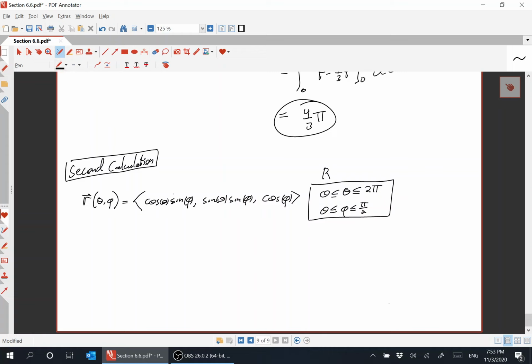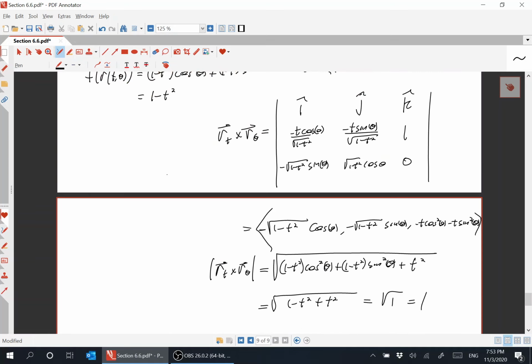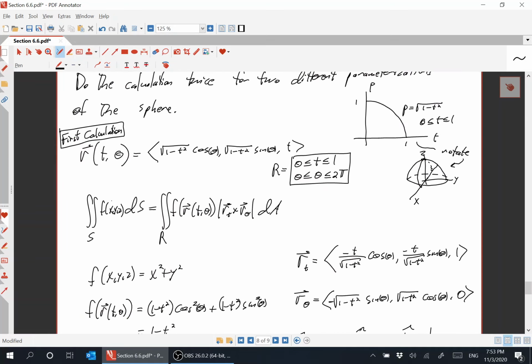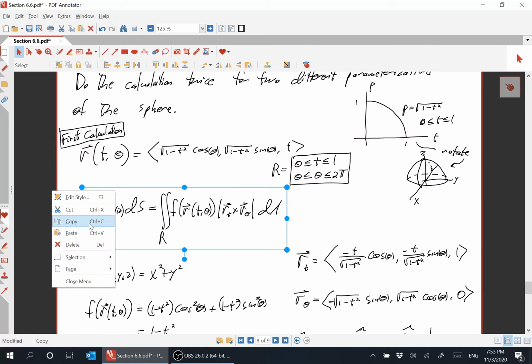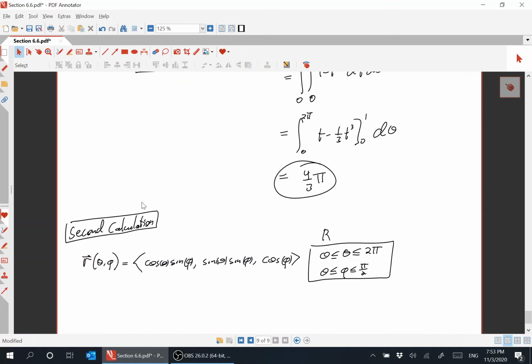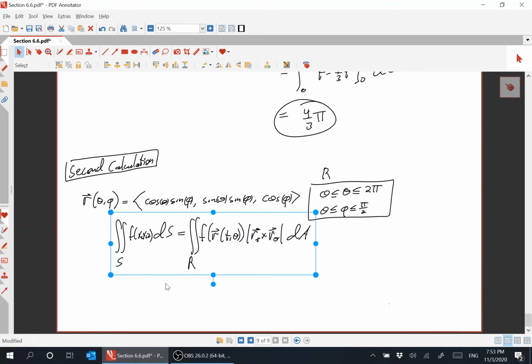No conversions happening. Okay. So remember the ingredients that are needed for calculating the surface integral. Scalar surface integral, not the vector surface integral just yet.